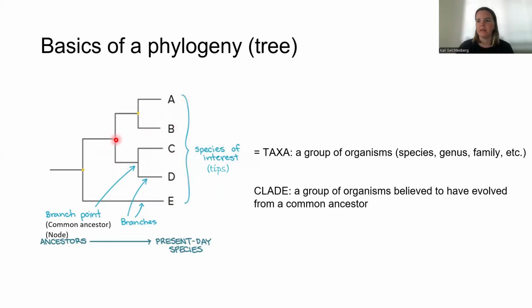That is the last time that all four of those taxa had a common ancestor. If we go a little bit further back, we get to the root of our phylogeny. This is the last common ancestor of all taxa that are in our phylogeny.